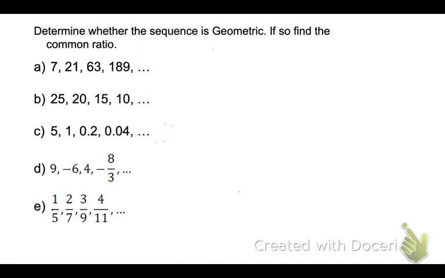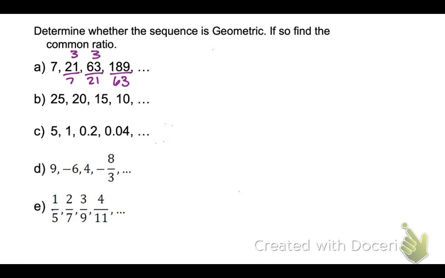Okay, so determine whether the sequence is geometric. If so, find the ratio. We have 7, 21, 63, 189. We just divide by the previous term, and division is just reducing, right? 7 goes into 21 3 times. 3 times 21 is 63.